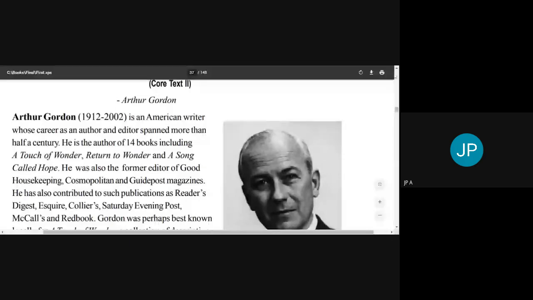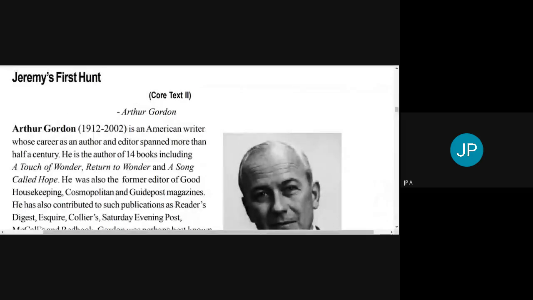He is an American writer who lived from 1912 to 2002. He has written about 14 books. Some of the titles are A Touch of Wonder, Return to Wonder, and a song called Hope.